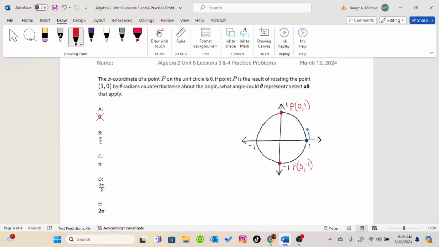B is a rotation of 1/2 pi. Well, pi is half a rotation, so 1/2 pi would rotate to this top P. So this would be a possibility.